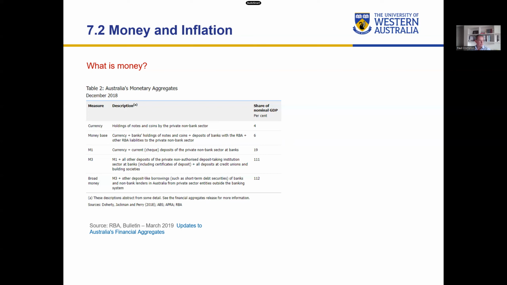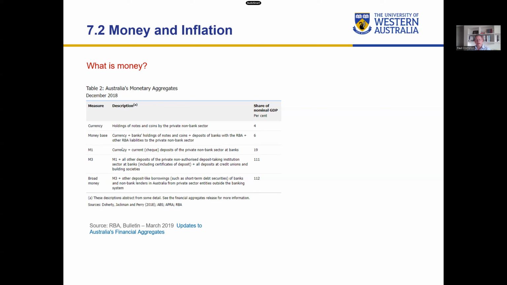It'd probably be sort of $40 billion, something like that. No, probably 80 billion, but you can check yourself what currency on issue is in Australia. It'd probably be up around 80, 100 billion would be a guess. Now, I may have that wildly wrong, it doesn't really matter. But yes, the Reserve Bank does have these different measures of what the money supply is.